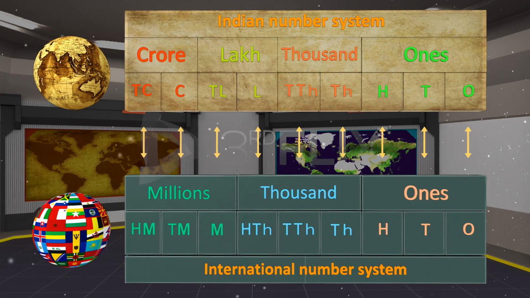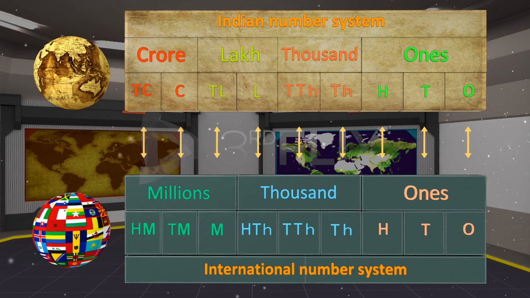Let us see the similarities. Ones, tens and hundreds places are the same. So we can say the ones period in both the systems is the same. Next we come to thousands and 10,000s places, which are the same. Look, the difference begins here. In the Indian system, we call it lakh and it is called 100,000 in the international system.